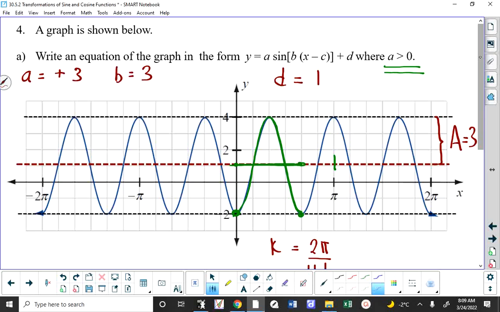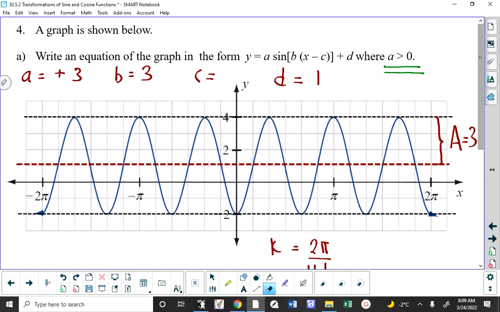And now we have to determine c, and then we're done. And this is the most difficult thing. What we are going to do, and I'm going to do a bit of erasing here because this is just getting in the way, this is just part of my explanation, is graph this sine function with the parameter of a equals 3, and ask ourselves if it matches the graph that we're trying to determine the equation of. Well, the start point of sine is always in the middle, going up.